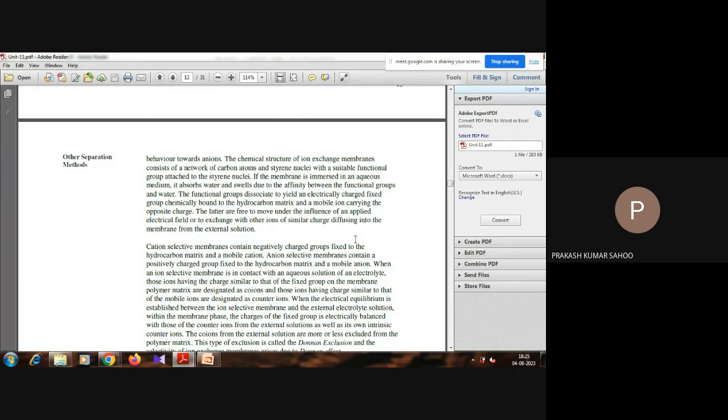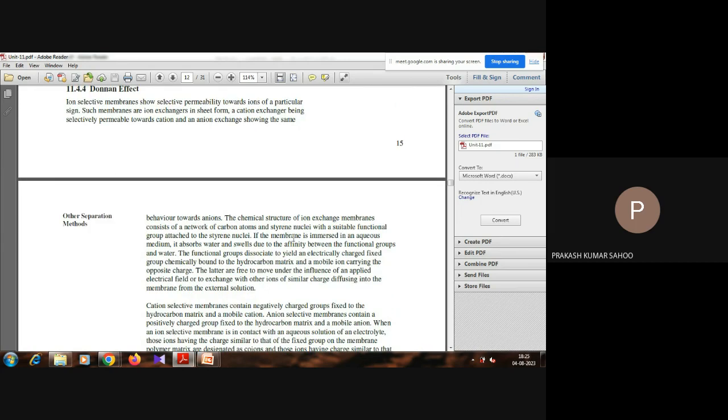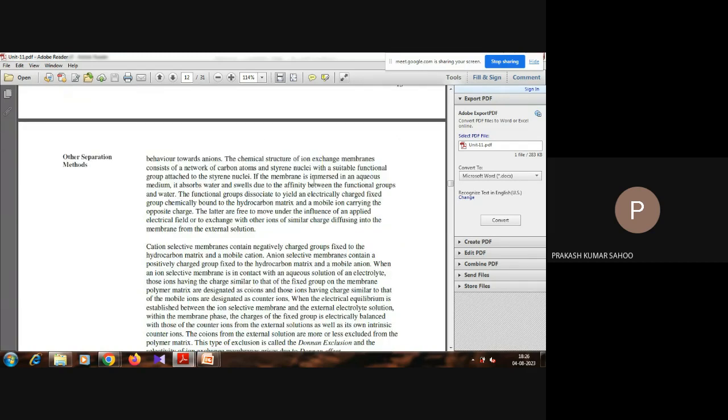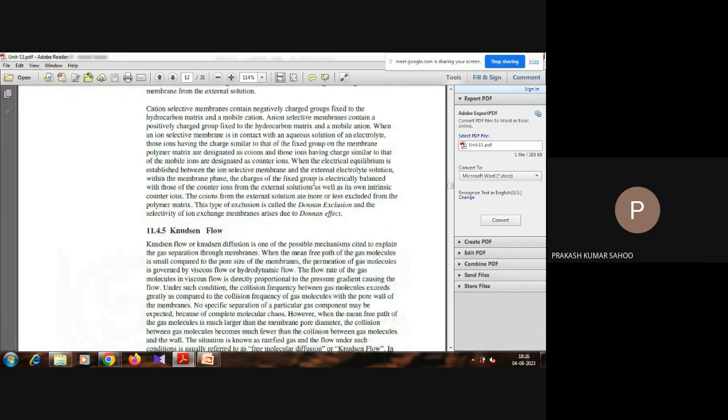The functional groups dissociate to yield an electrically charged fixed group chemically bound to the hydrocarbon matrix, and a mobile ion carrying the opposite charge. So the Donnan effect is synonymous with the pure ion exchange mechanism, which contains both cation exchanger and anion exchanger type membranes.